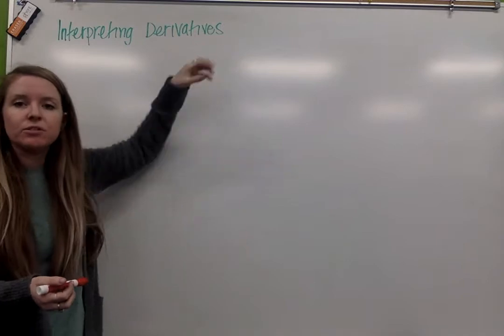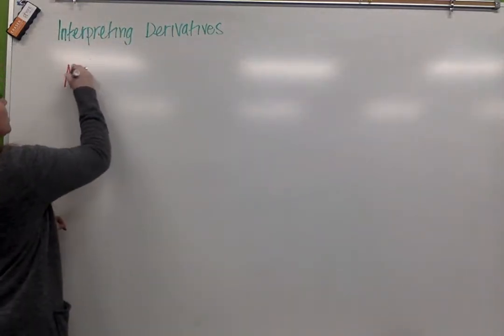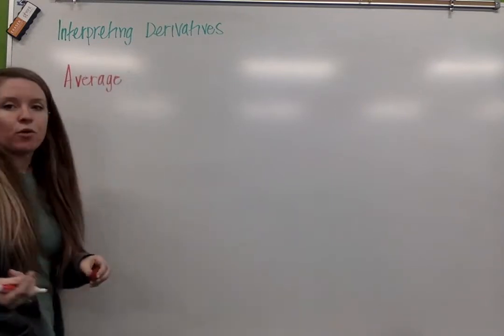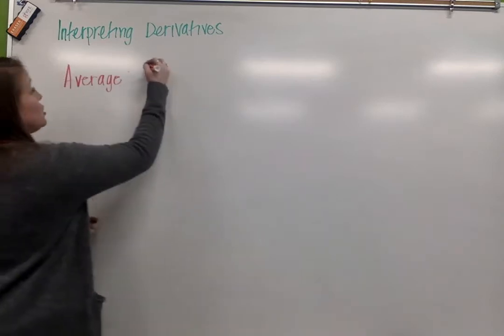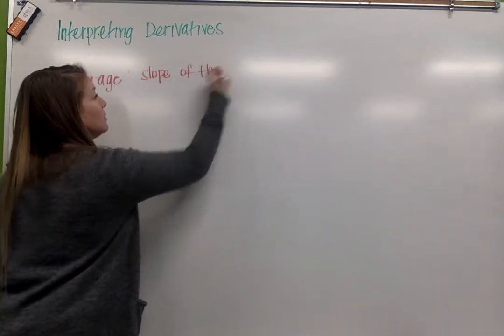We're talking derivatives, so we're going to be talking about our rates of change. If you remember, we've talked about averages. So if something was asking for the average value or the average velocity, the average acceleration, to find the average, you're going to find the slope of the secant line.